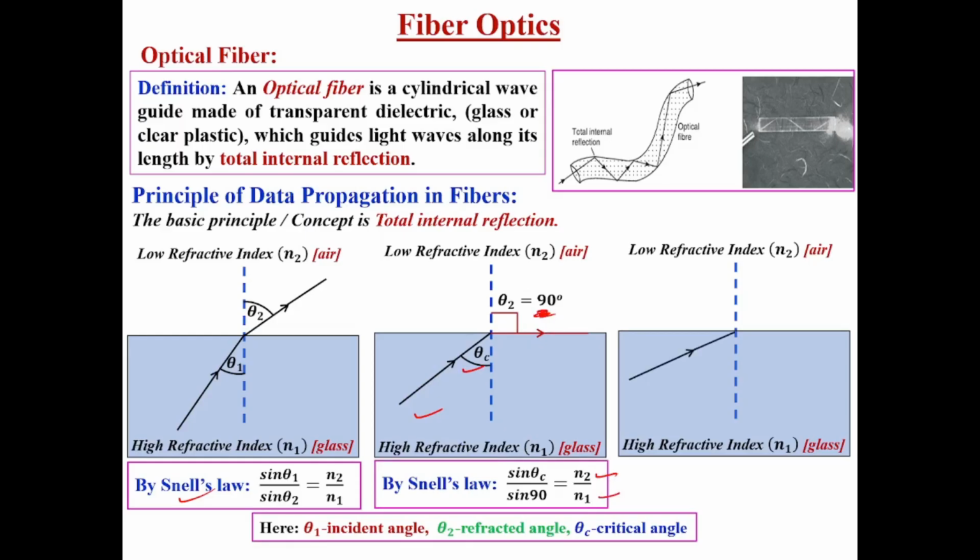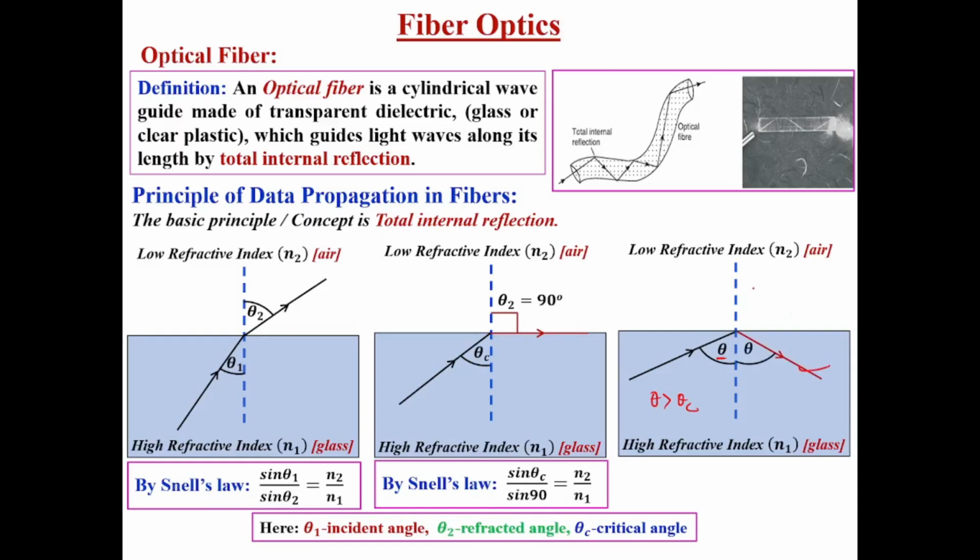Now again I am going to increase the incident angle to be greater than theta c. Then what is going to happen? The light will be reflected back into the same medium. Here you can see, with this angle theta greater than theta c, the light is reflected back into the same medium.